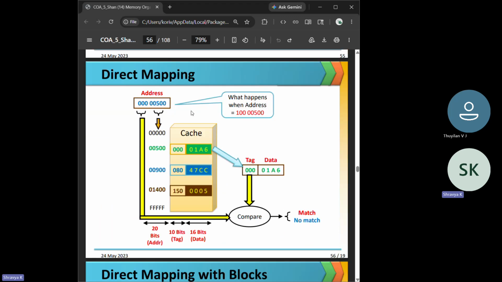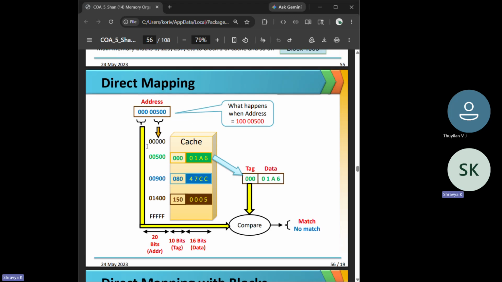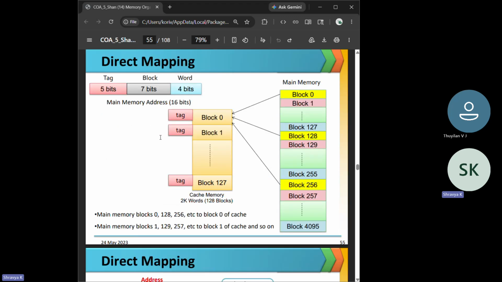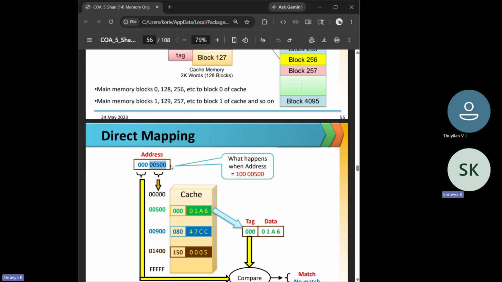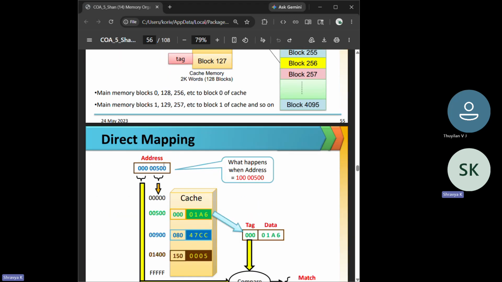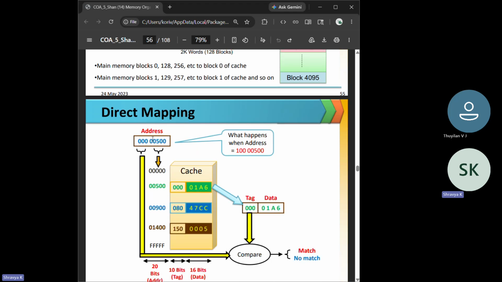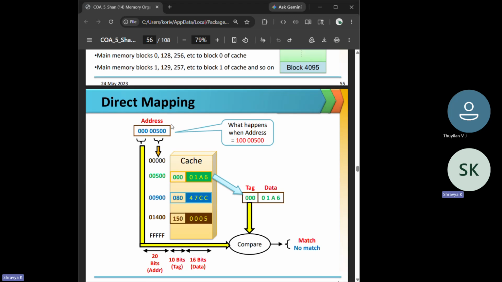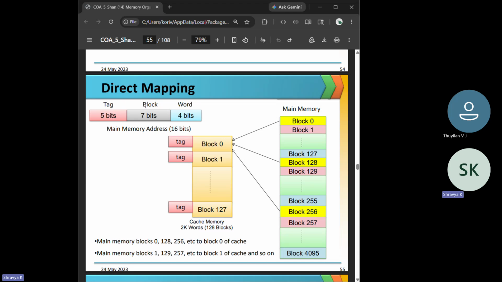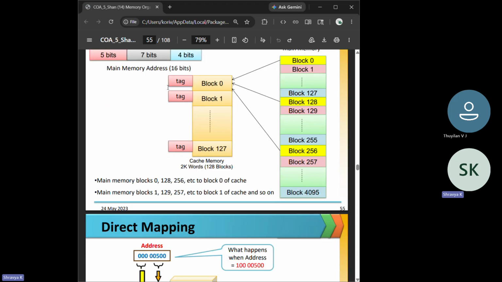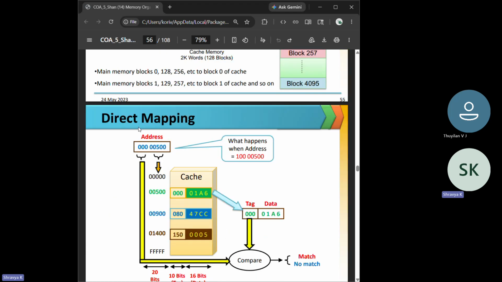So if you can see over here, this is the tag, and this is the index. The index will have the word and the block part, and this is the tag part. First you will have an address, and then you will compare the block and the word part with what is there in the cache.